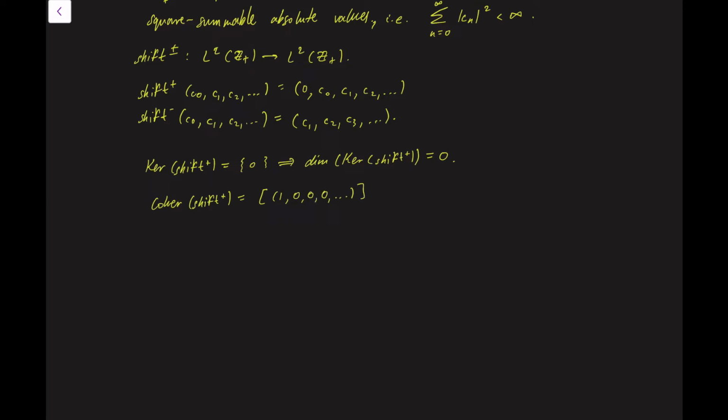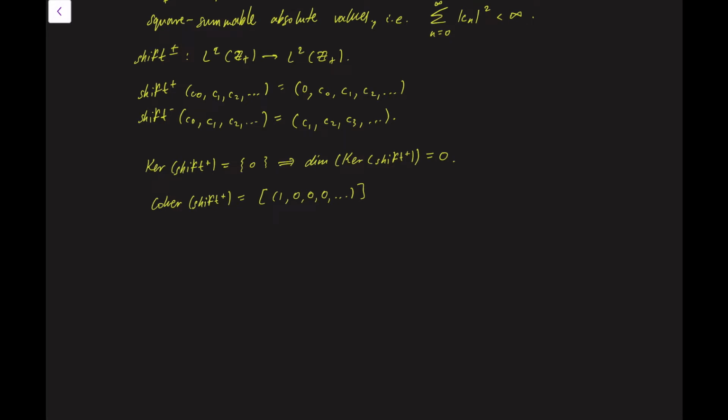Because in the image of shift plus, we have all possible sequences that have a fixed quantity 0 as their 0th point. So the only sequences that don't get hit by the shift plus operator are the span of this sequence 1, 0, 0, 0, and so on.